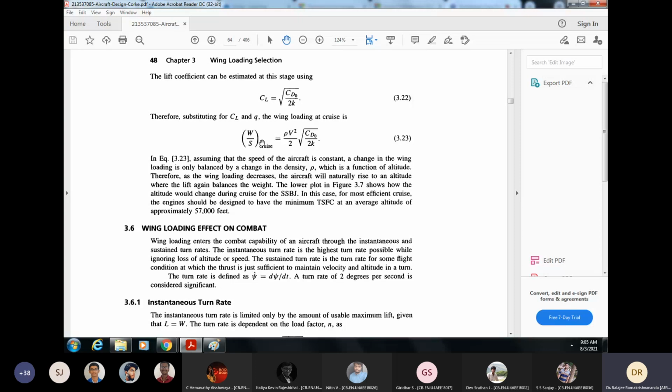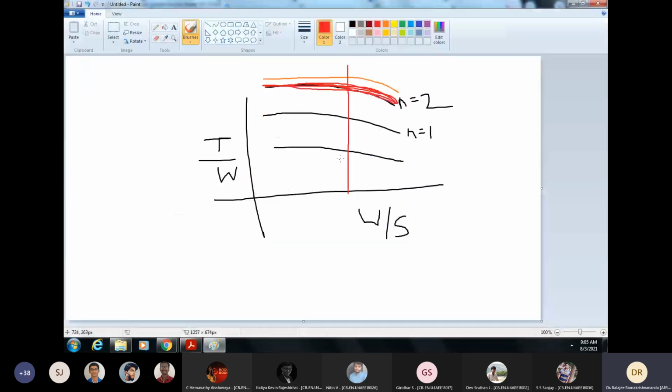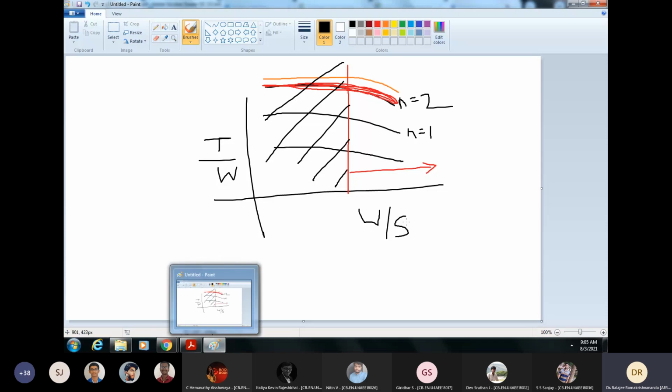If the wing loading is less than that, then cruise velocity is less than that, which you don't want. Okay, so your feasible region will be to the right of this graph. To the left of this graph, you will have a region which is not feasible. Okay, so this is how you play with the graphs.